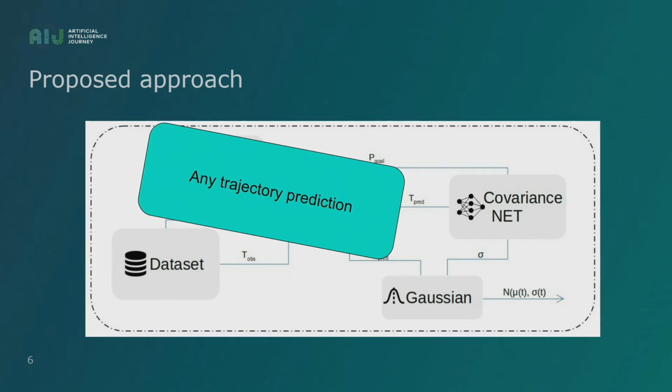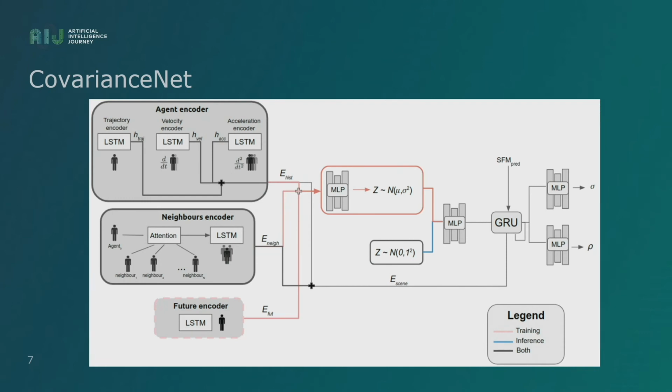Let's look at how CovarianceNet works. Here we have been using recurrent layers to encode people in the scene, and a combination of attention and recurrent layers to encode relationships between people.